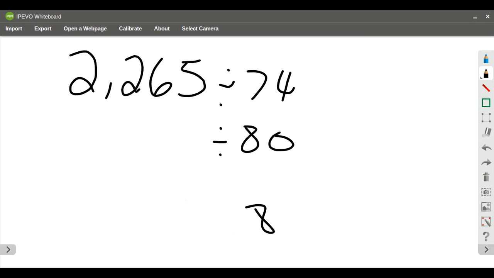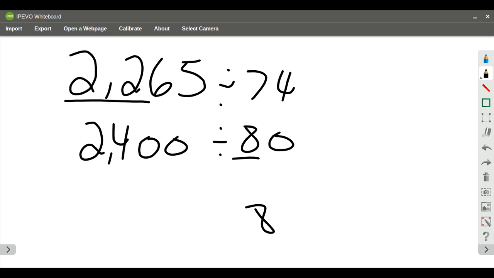So you'll notice that when I do this, I'm looking just at the first digit in the 80, and I'm looking at the first 2 digits in my 4-digit number. So a math fact that's near 22 is going to be 24. So I'm going to do 2,400, and I'm going to divide that by 80. And when I divide 2,400 by 80, I'm going to take those zeros off.